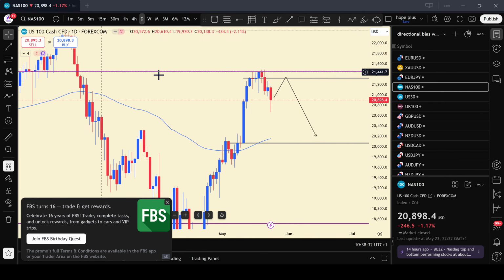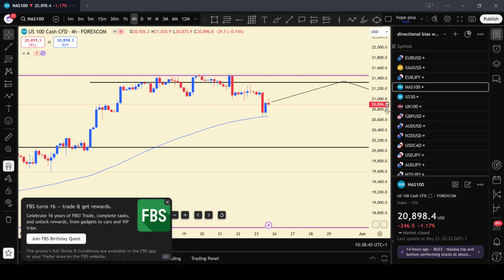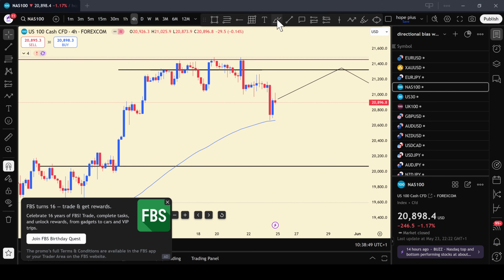Support, broken, became a resistance, and then we have a fresh resistance here, which market traded off. And then our 4-hour, I'm tempted here. Let me see daily.